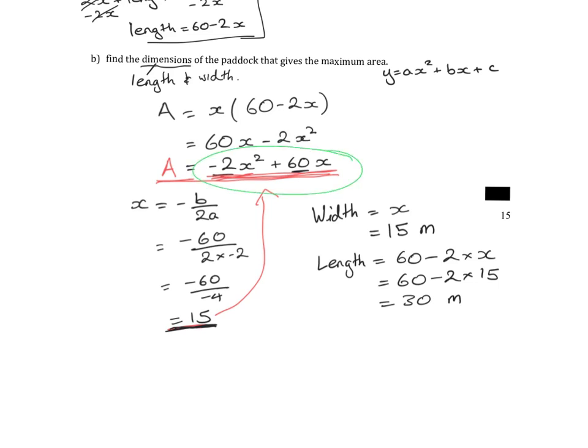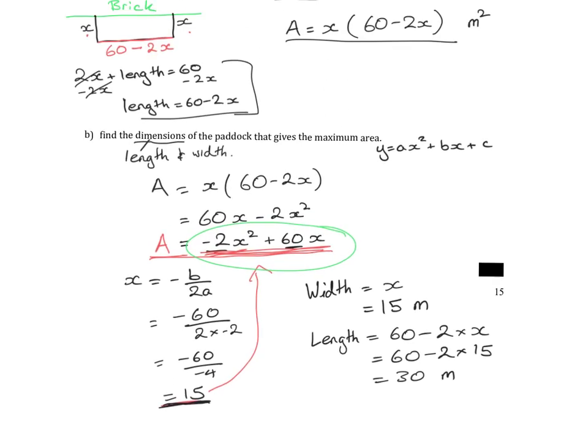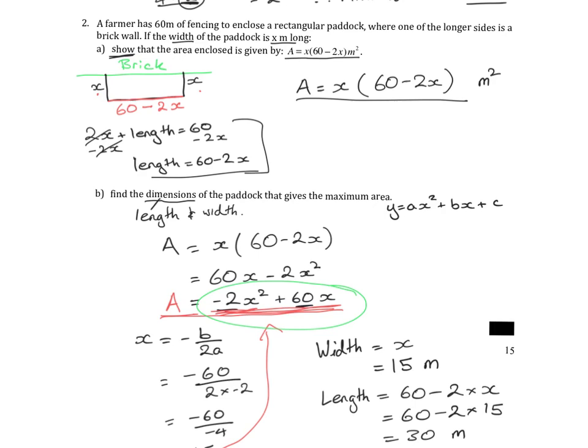We had to read the question carefully. They said to find the dimensions. And the dimensions are given by x and 60 minus 2x, and just x.